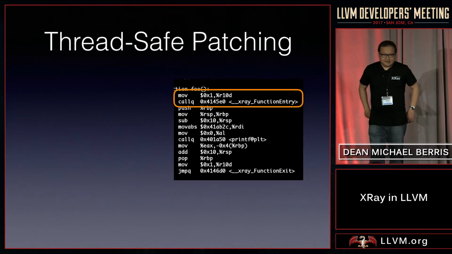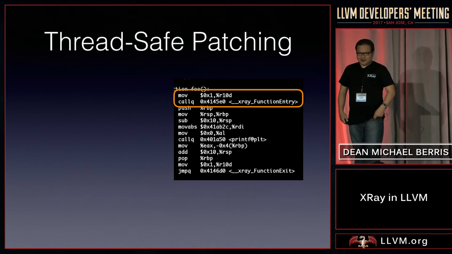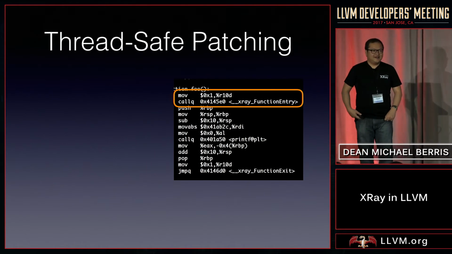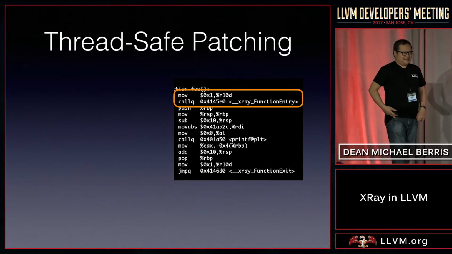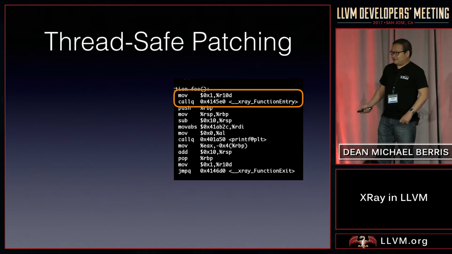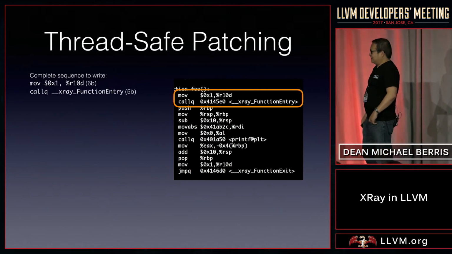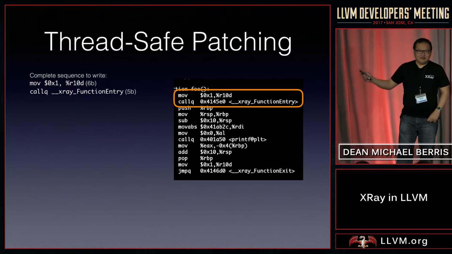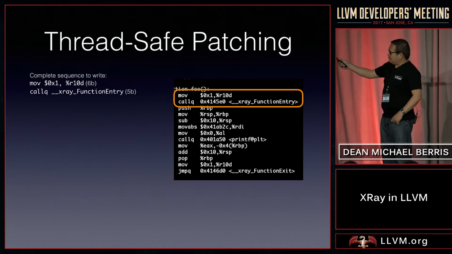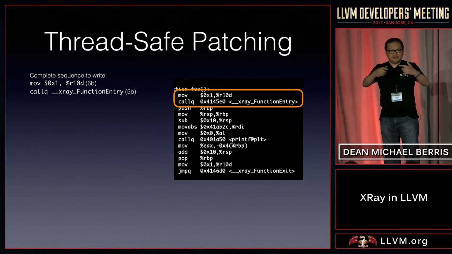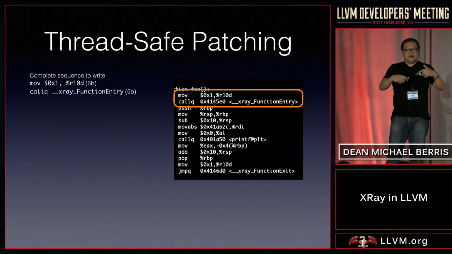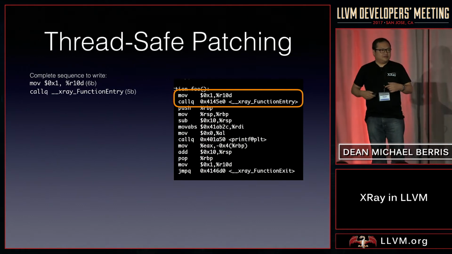Here's the trick. How do you do this when you have multiple threads? Well, the answer is you do it very carefully. So remember, we want our jump across bytes to turn into a move and a call, right?